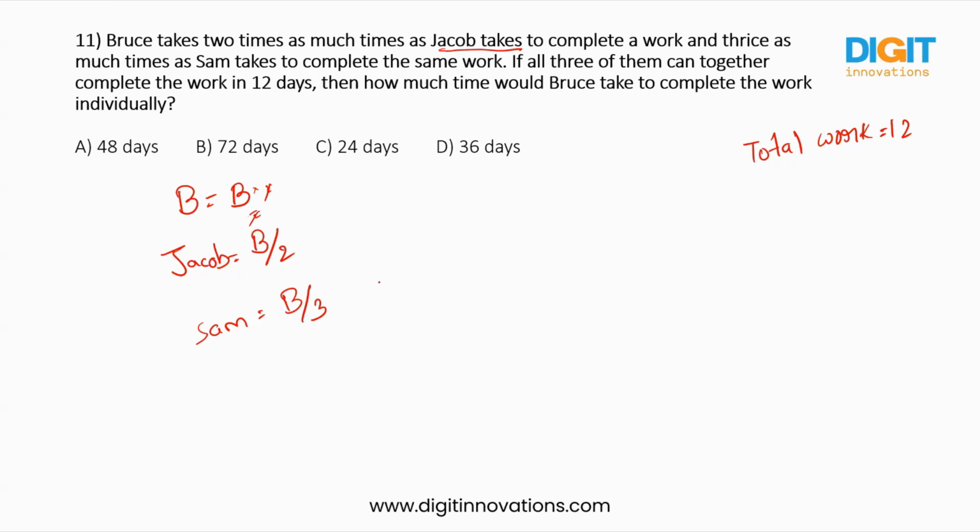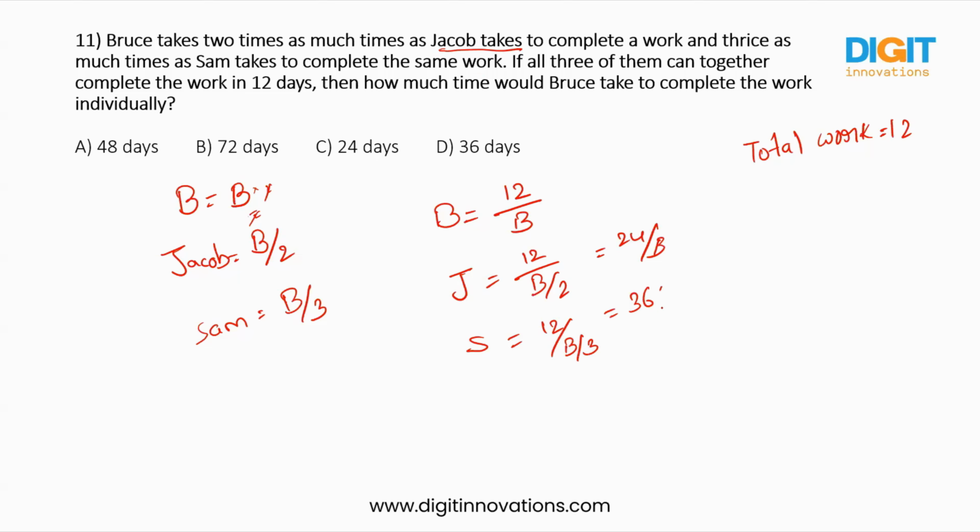Total work is 12. Now Bruce is going to complete in B days, which is 12 by B. And Jocko is 12 by B by 2, which is 24 by B. And Sam, 12 by B by 3, which would be 36 by B. So now, all three together, 12B plus 24B plus 36B, which is equal to a total of 72B.